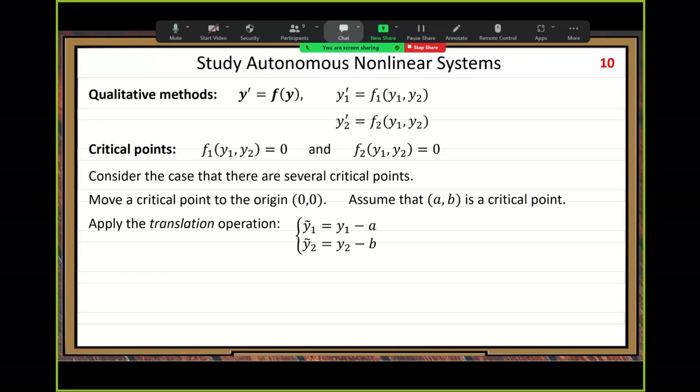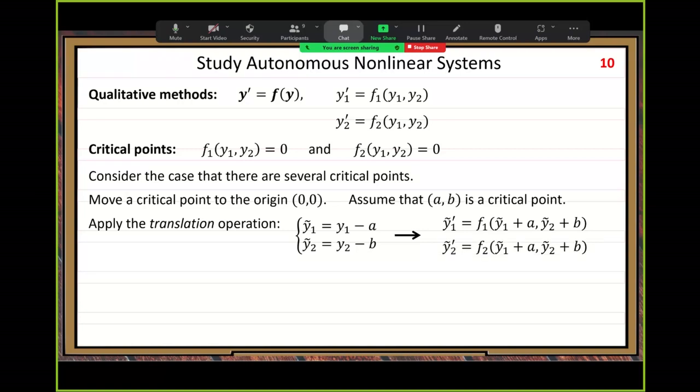Let's do the substitution. We introduce two variables, then substitute. y1 prime goes back to the f1 function: y1 tilde plus a, y2 tilde plus b.